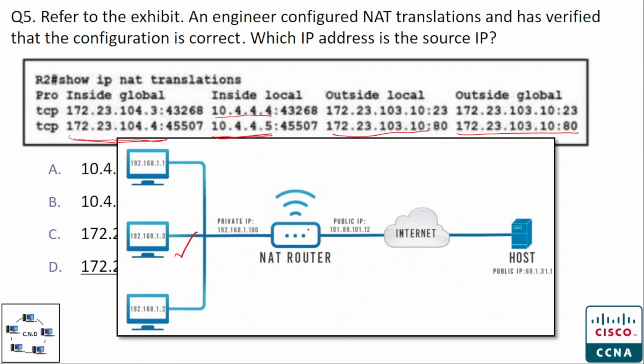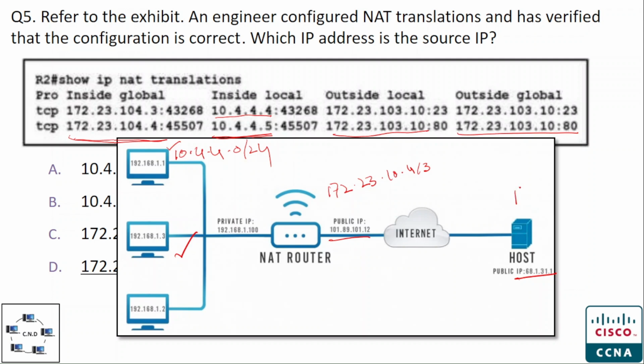If you see the NAT in action, here you can see these are our private IP addresses. In this case it is 192.168, but in our case these are the 10.4.4.0 network. Let's suppose it's /24. And this is the public IP address. In our case, this address is 172.23.104.3 or .4, and this is the public IP address of the outside world.